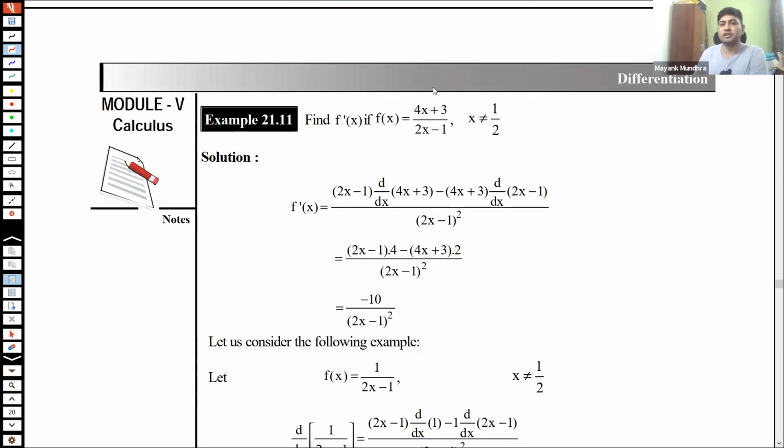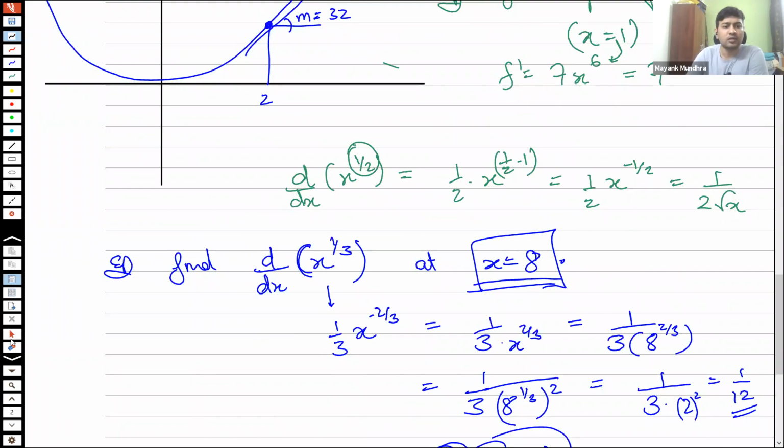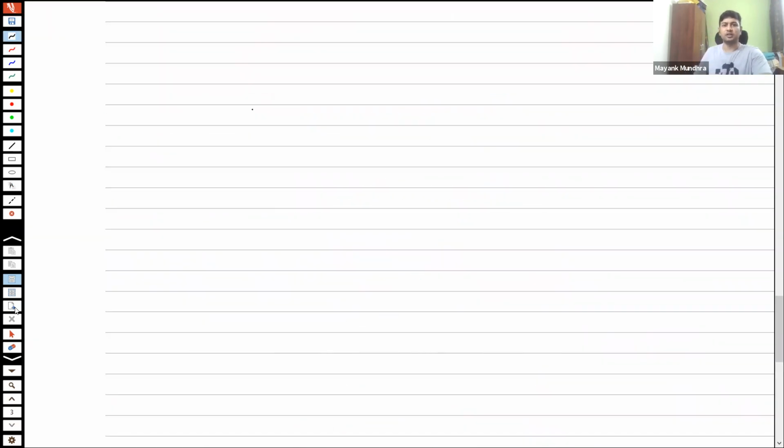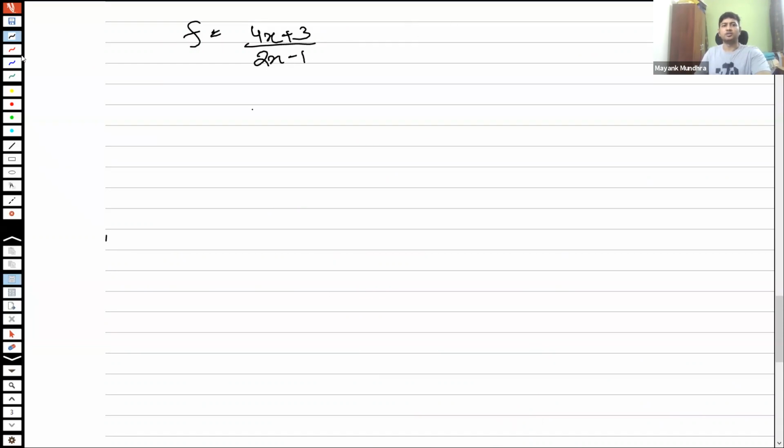So let's start with a simple thing, 4x plus 3 upon 2x minus 1. So remember, the quotient rule, d by dx of f by g is equal to f prime g minus g prime f upon g square.